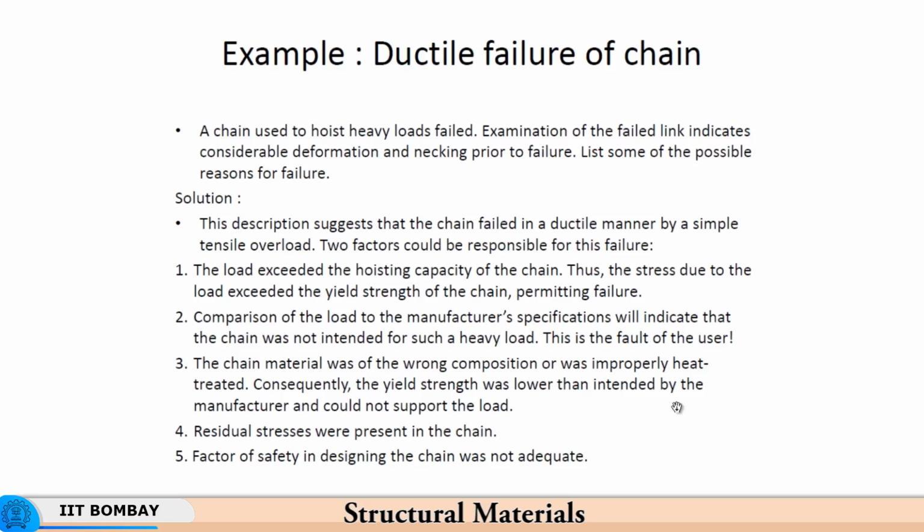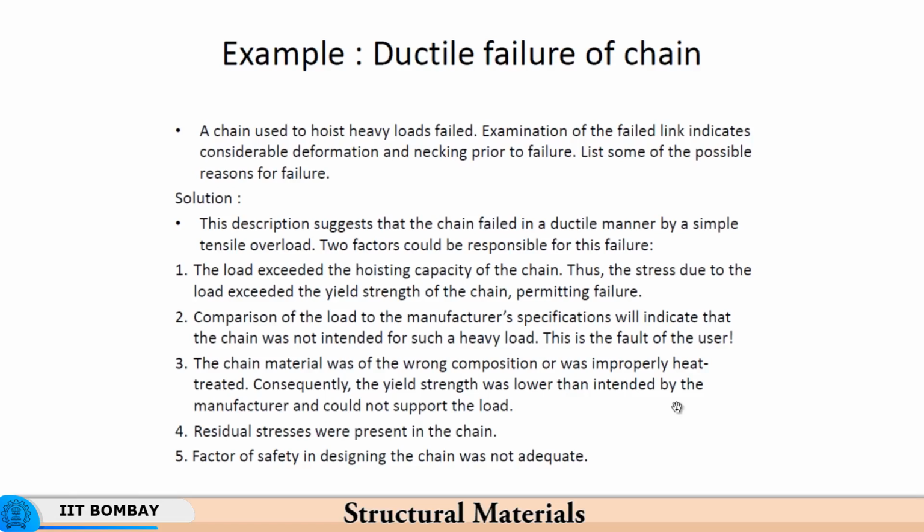Not only that, during plastic deformation we have seen that the material work hardens and the depletion in cross sectional area is compensated by an increase in strength, but the overload was so high that even there the material continued to deform permanently.